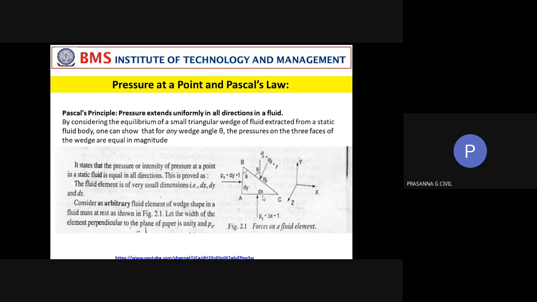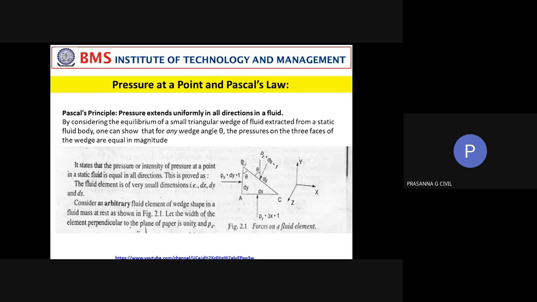If you look at the surface AC, you have the pressure intensity Py, and instead of dy we use dx as this distance, and thickness of 1. Similarly, this side we take as ds, and this direction, the z direction, we have Pz, ds, which is the length of this side, and unit thickness.